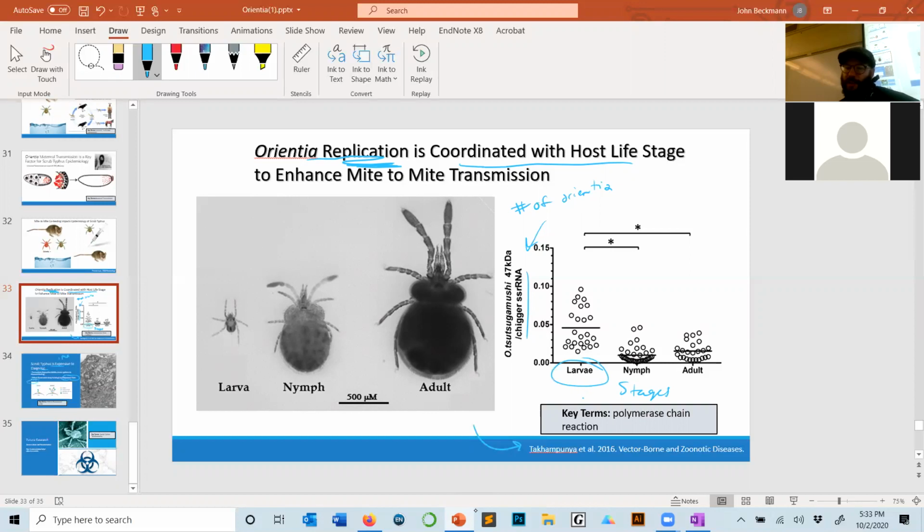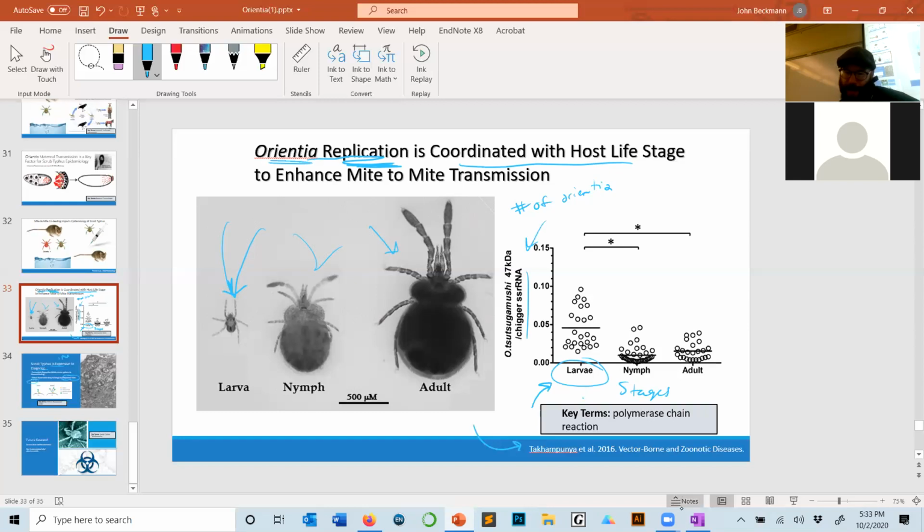And which stage spreads the disease? The larvae. So the Orientia somehow knows when it's in the larvae, and thinks, I better start replicating because I want to get transmitted. It's interesting. And in the nymph and the adult, it's not replicating as much.